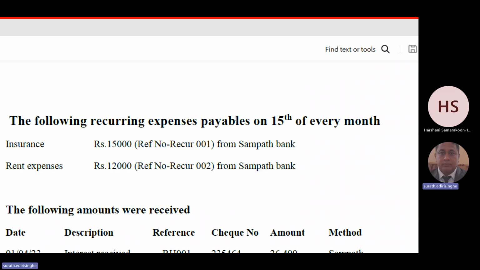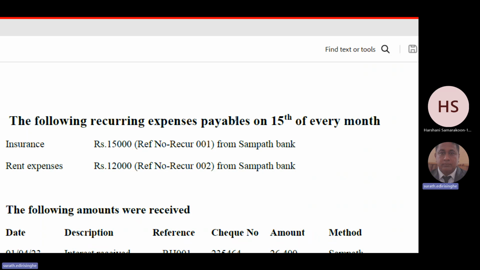The company has to pay the same amount for a long period. If you take the company general insurance, each month the company has to allocate 10,000, 15,000 for the general insurance. These transactions we call recurrent transactions. The transaction will occur each month.